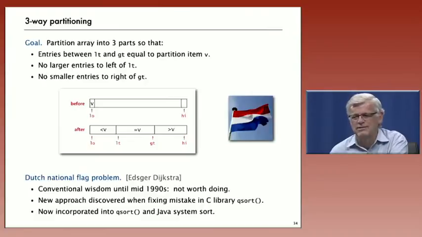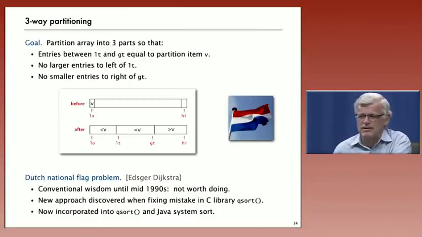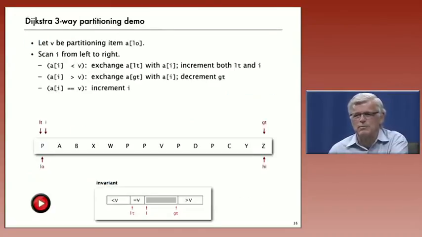But in the 1990s, we figured out that this was going to be an effective way to sort. This came from looking at the Q-sort that a user found was broken. And now this method is incorporated into plenty of system sorts.